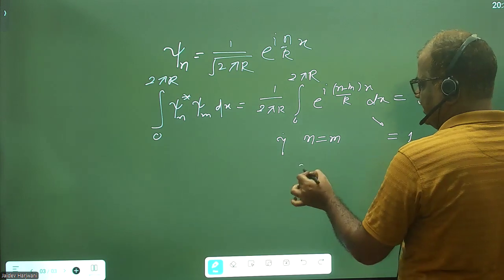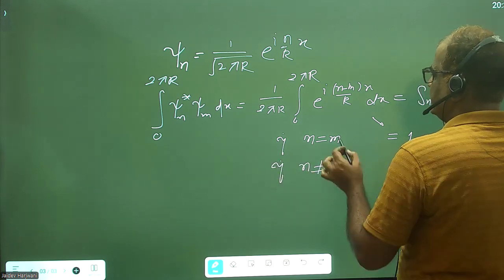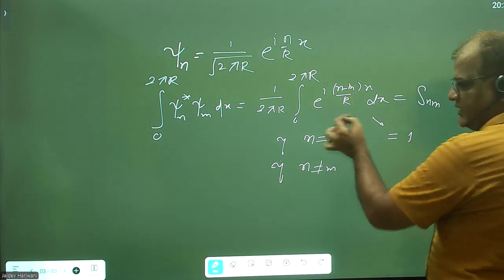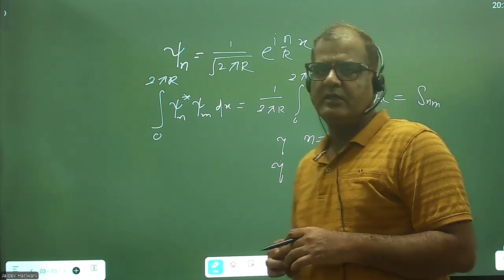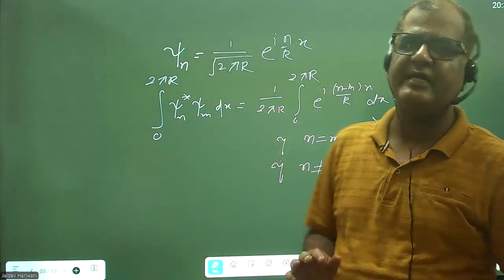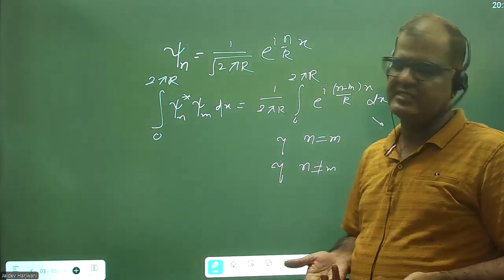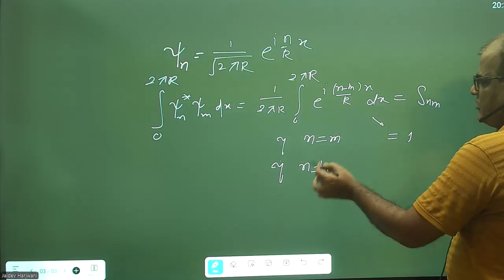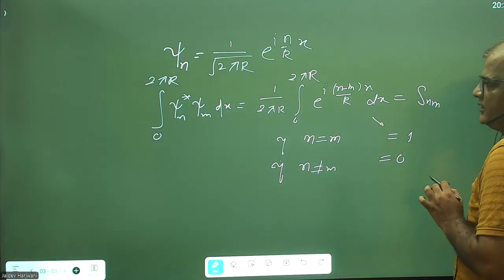And if n is not equal to m, then this is an e power iota x type of function, and we can always write this function in the cos x plus i sin x form, and we know the average of cos x and sin x is 0. So when n is not equal to m, this integration will be 0. That's why I wrote this as delta nm.